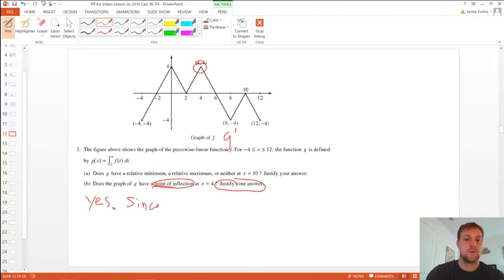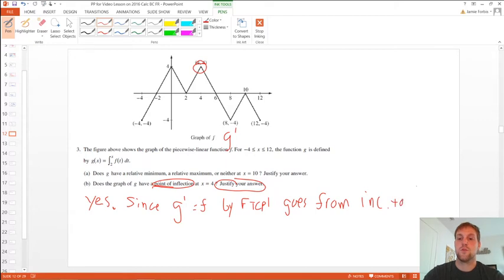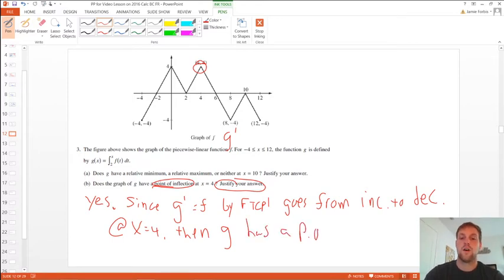Since g prime, which is equal to f by FTC part 1, goes from increasing to decreasing at x equals 4, then g has a point of inflection at x equals 4.